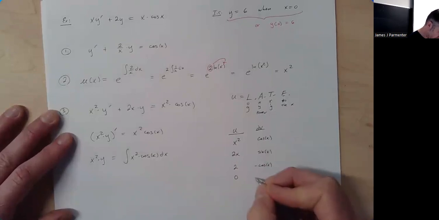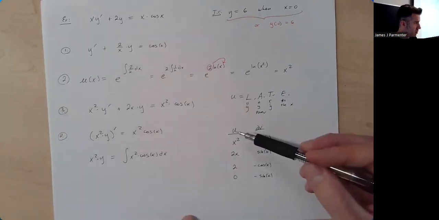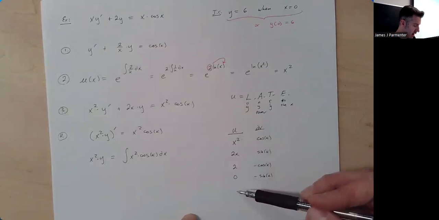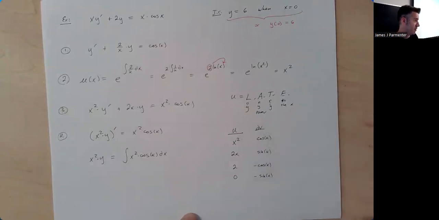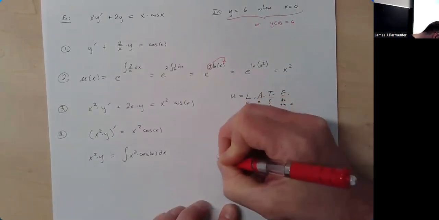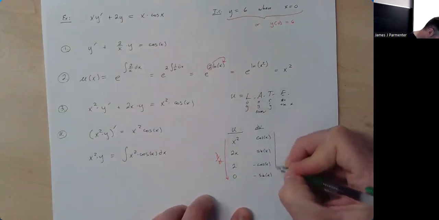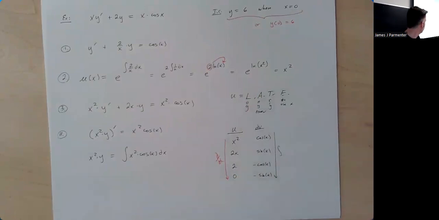The antiderivative of negative cosine of x is negative sine of x. You want to do this so that you have the same number of rows. You go all the way down to 0 for the derivatives, and then you do the same number of entries for dv. Just a reminder, this way we are finding derivatives, and this way we are finding antiderivatives.